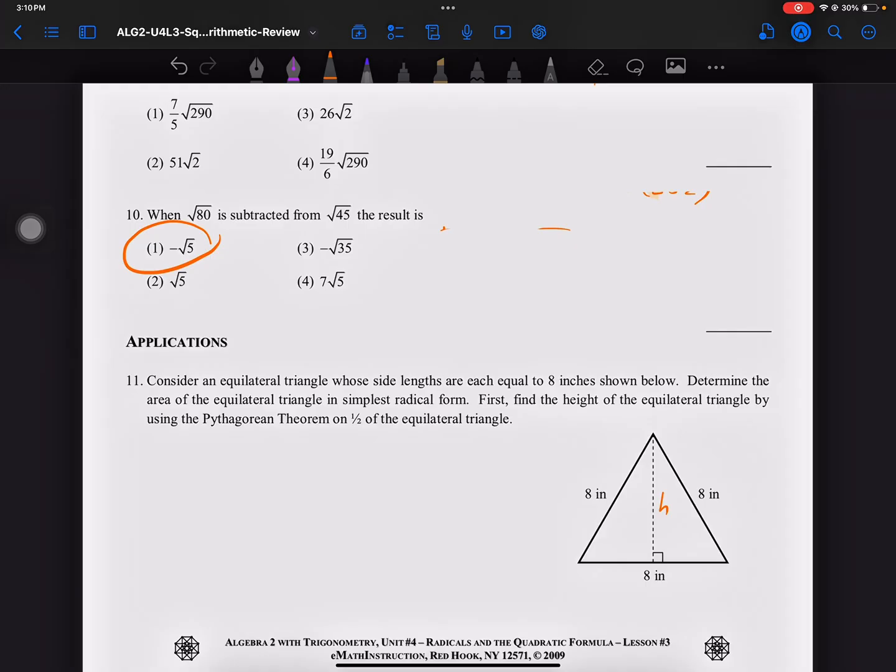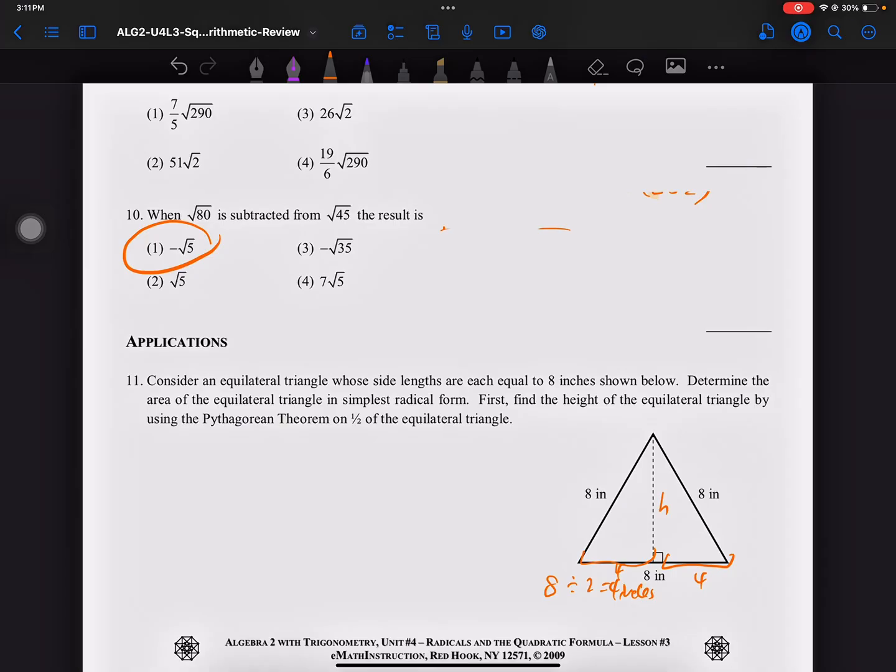The whole base is 8 inches, so 8 divided by 2 is 4 inches. So on the half triangle, here is 4, here is 4. The hypotenuse is 8 inches.